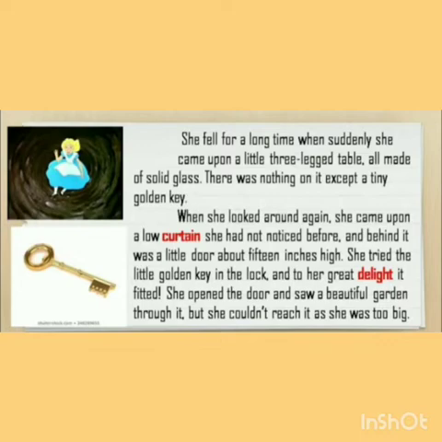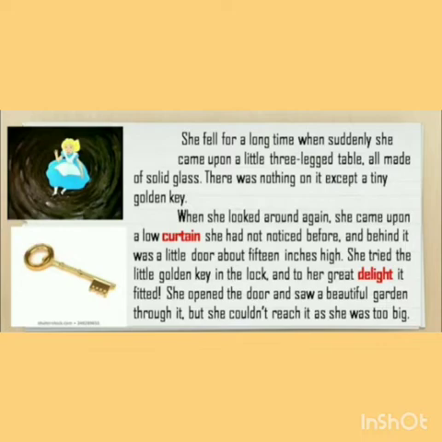Okay, when she looked around again, she came upon a low curtain she had not noticed before, and behind it was a little door about 15 inches high. Okay, what has happened? She followed the rabbit, fell down the hole, and in that hole she could see a three-legged table, and on the table was a golden key.